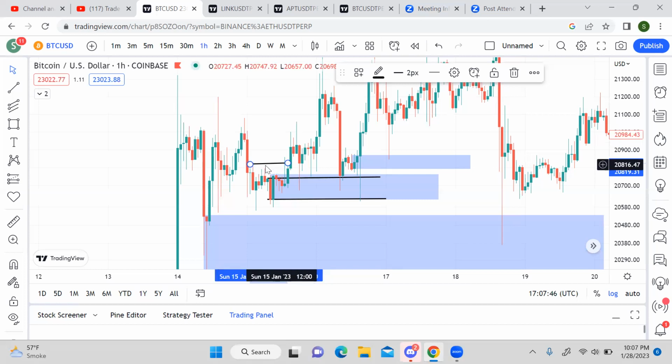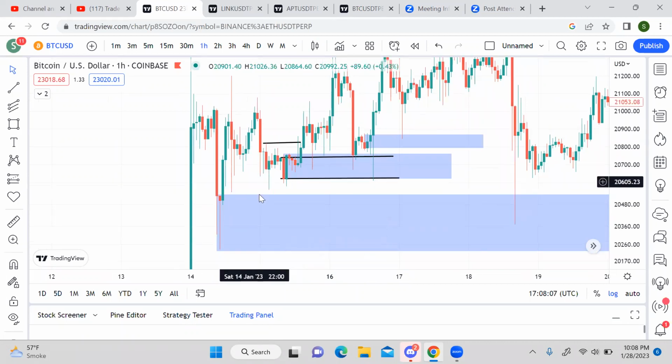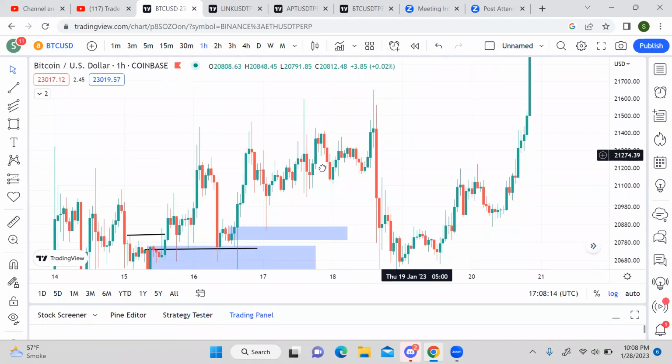This one created an internal structure shift. After the shift of internal structure, you have to wait for the retest, and we wait for that retest in our order block. So here is our order block. I place a limit, I have a plan, I have studied the structure. So I will go with my plan, stop loss below this wick or this wick. Simple as that, 1% risk, and let it run, all targets hit.